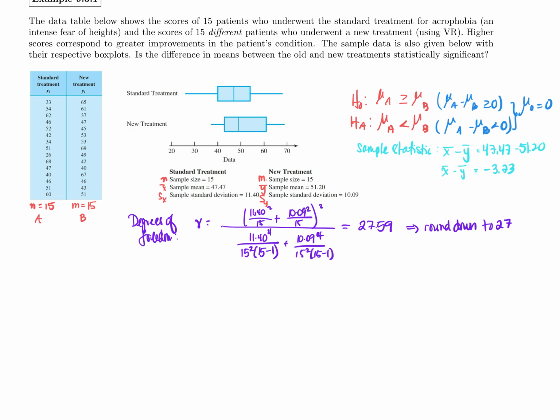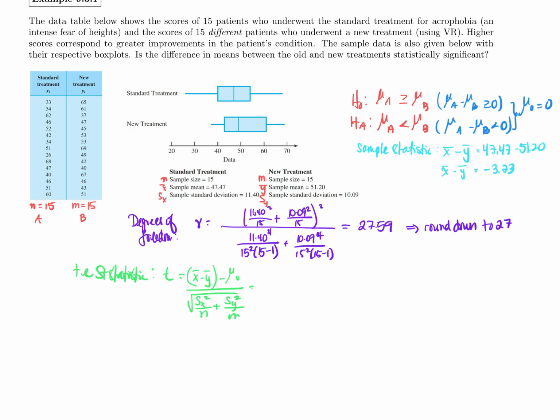So what next? Well, just like before, now we're going to find our test statistic. And since we're doing a t distribution, our test statistic is a t. So here's our test statistic. Let's find t. And t is going to equal x bar minus y bar minus mu naught over the square root of s sub x squared over n plus s sub y squared over m.